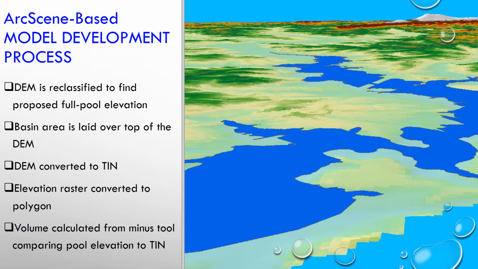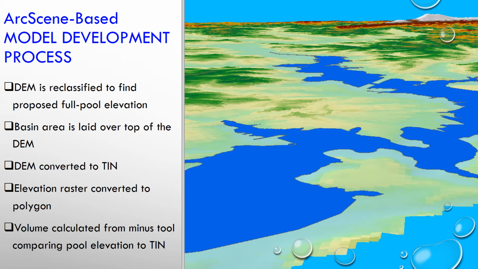You see the ArcScene based model development process, how we did it. We used the DEM, reclassified, to find the proposed full pool elevation. Our DEM was created from the 1 meter LiDAR data, and the basin area, that initial basin area we created by digitizing, so that we do not inundate unnecessary land uses.